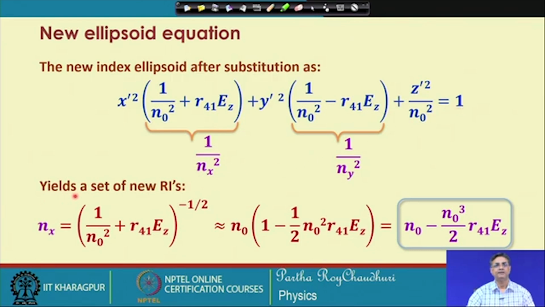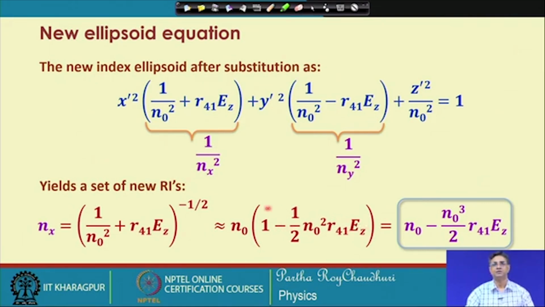and then it yields a set of new refractive indices, because this entire quantity is now 1 by n x square, the new refractive index for x, and this is the new refractive index for y. So, n x will be given by this, which by binomial expansion can be approximately written as this, because this quantity is very small, 10 to the power of minus 12 or so.